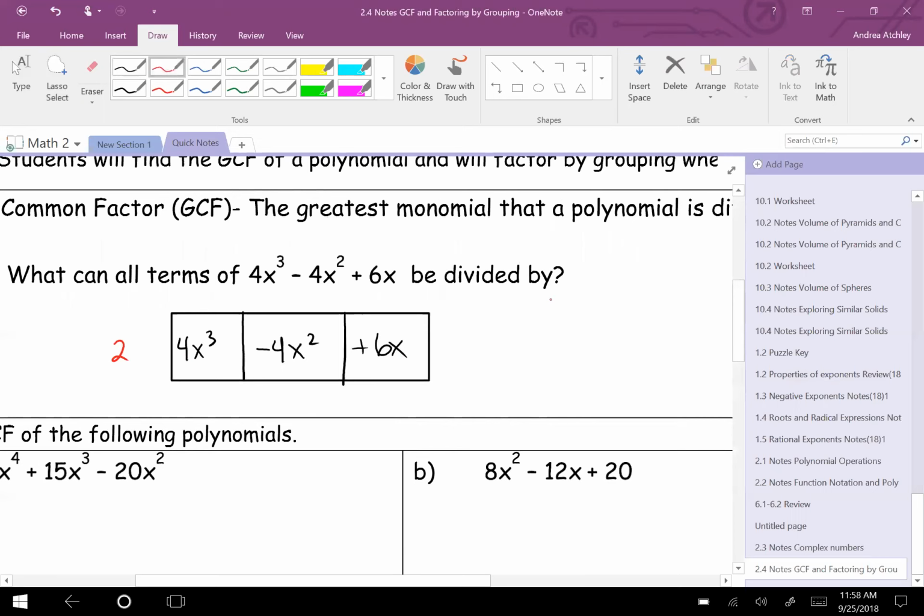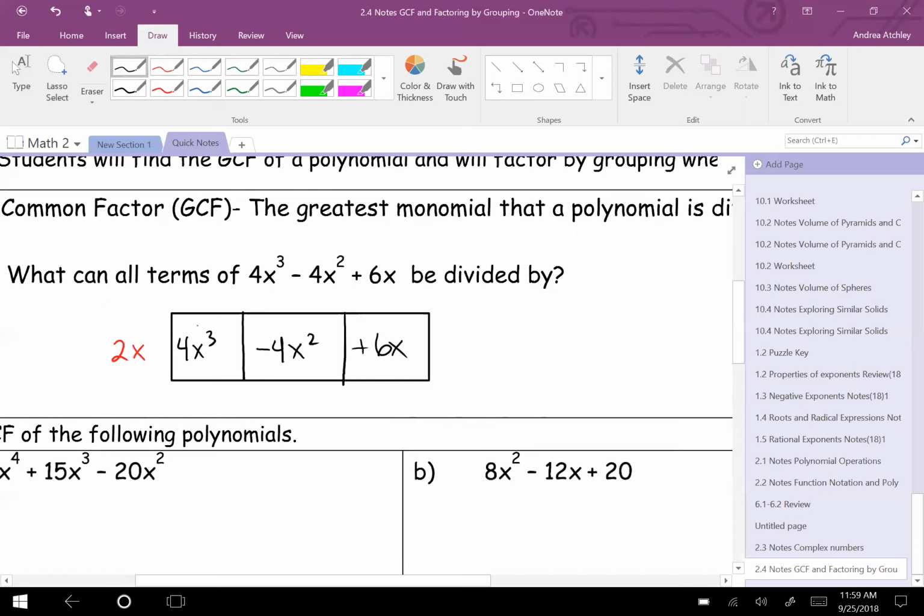What else do they have in common? What do they all have? An x, right? So they can all also be divided by x. Then you divide.